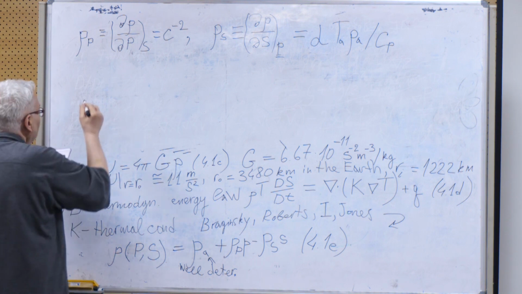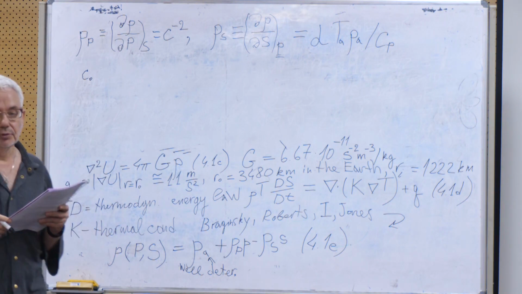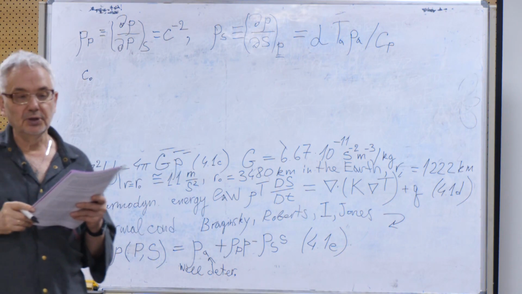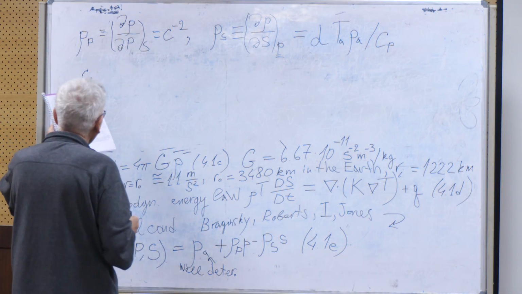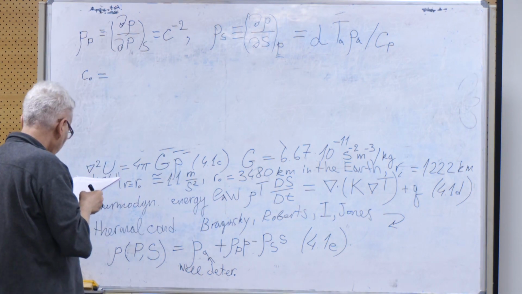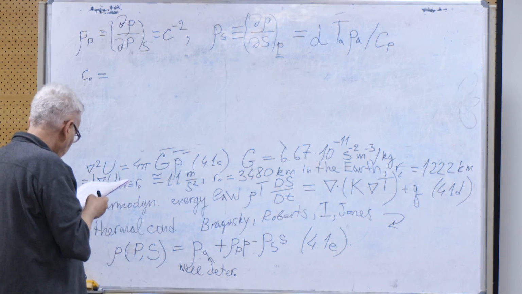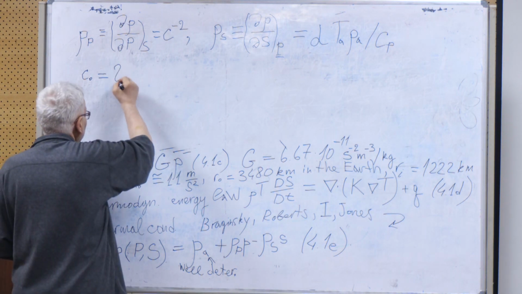For example, for the Earth at the outer core, as we agreed, we denote it like C with index O. So at the outer core, this speed of sound is a rather big value, by the way.